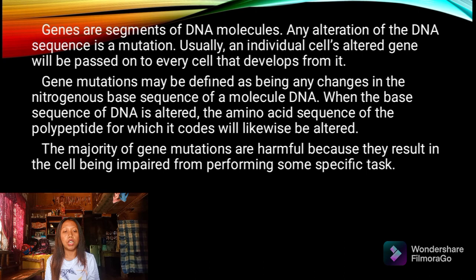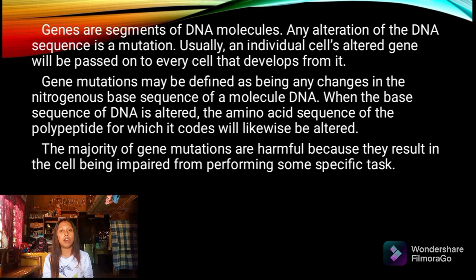The majority of gene mutations are harmful because they result in the cell being impaired from performing some specific tasks. In rare cases, a mutation may result in a lethal gene that kills the cell either by producing a substance toxic to the cell or by failing to produce a protein of vital importance to the cell.